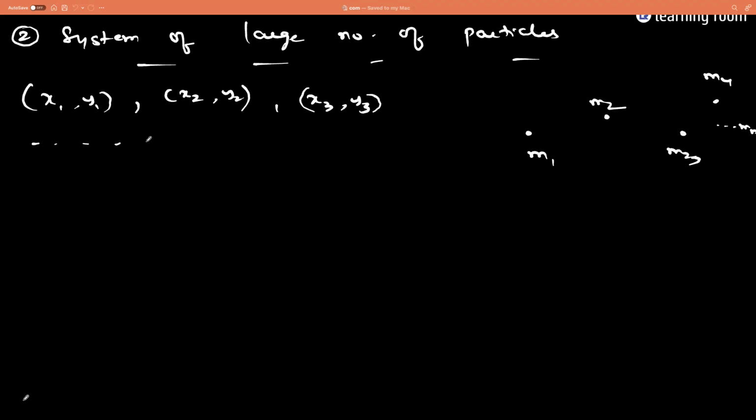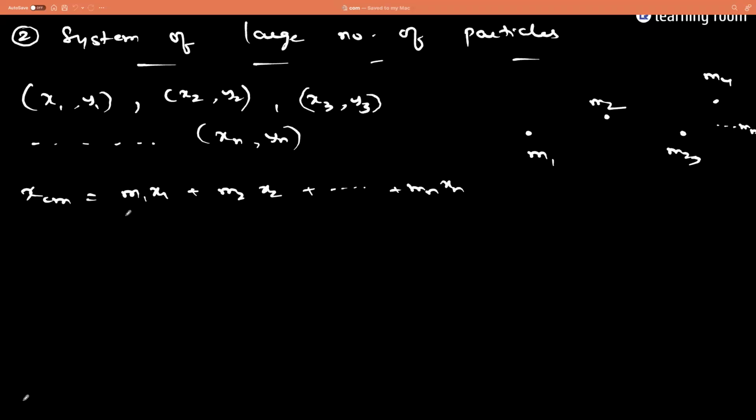It keeps on going like this, so that the position of mn is xn, yn. Then the x coordinate of the center of mass of this particular system will be equal to m1 into x1 plus m2 into x2 plus so on till mn into xn, the whole divided by the sum of all the masses.